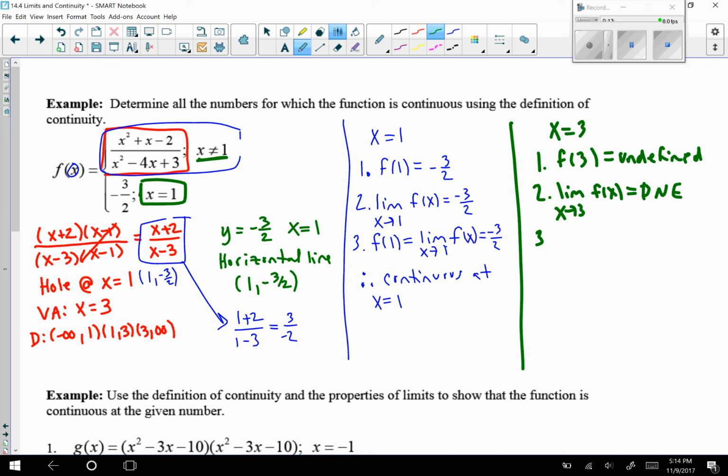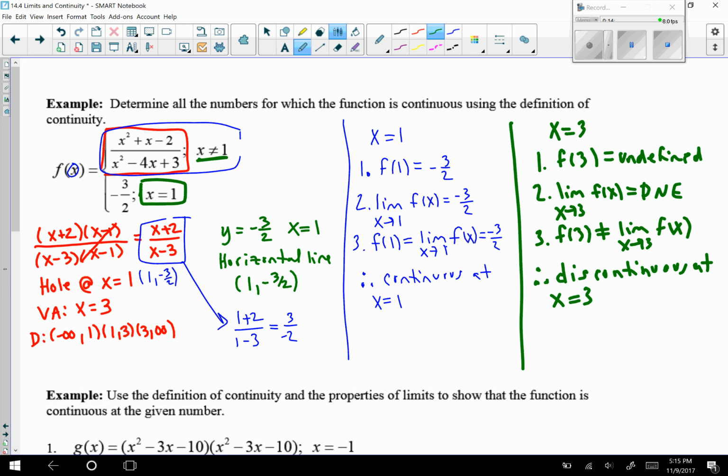And so the third part of the rule, since f of 3 does not equal the limit as x approaches 3 for this function of x, thus the graph is discontinuous at an x value equal to 3.